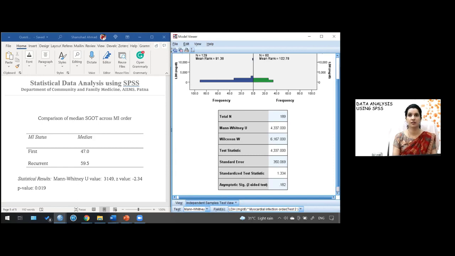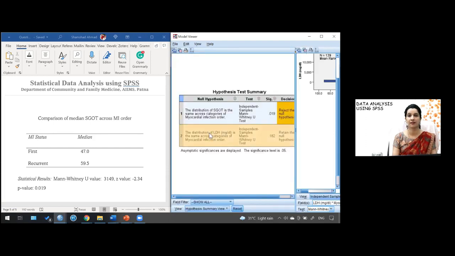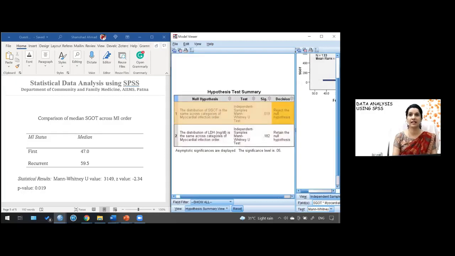I think by mistake we have taken the value of LDH. So this is a wrongly written thing. I will show you. Oh no, yes. So by mistake, I clicked that. That's why.